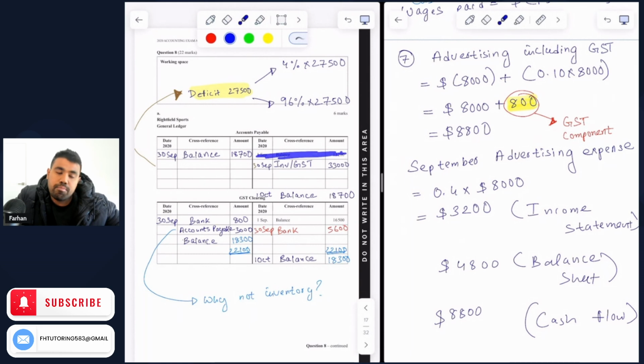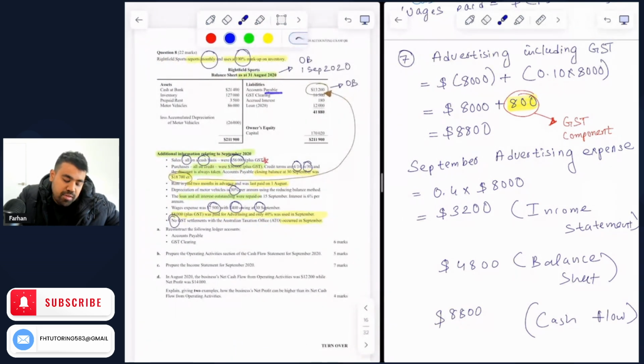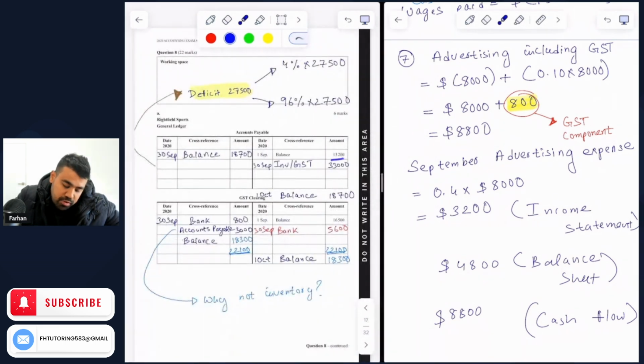Where do you think we can pick this information from? You can simply go to the balance sheet at the end of the previous period, and you would see accounts payable giving us $13,200 as the closing balance at 31 August 2020, which automatically becomes the opening balance at 1st September 2020.